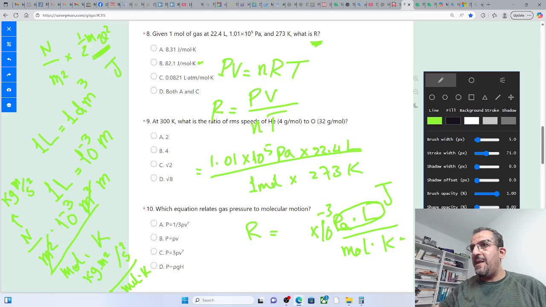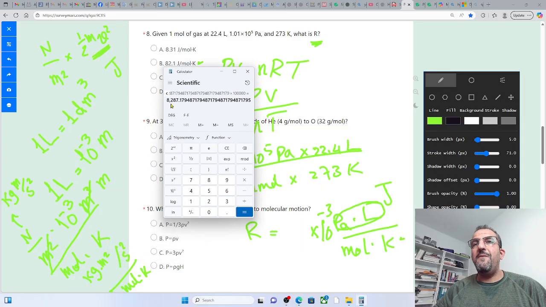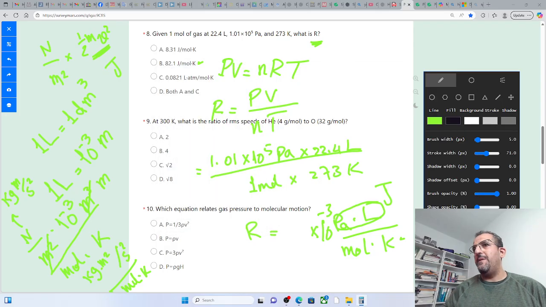Okay, let's now look at what we have in the calculator. We have 8,287 times 10 to the power minus 3.